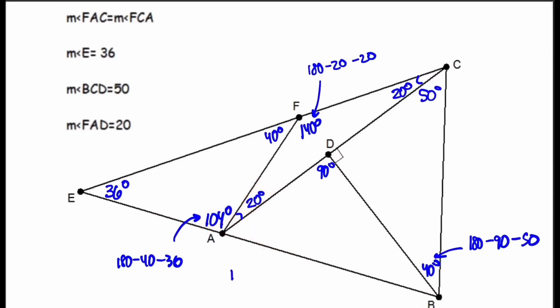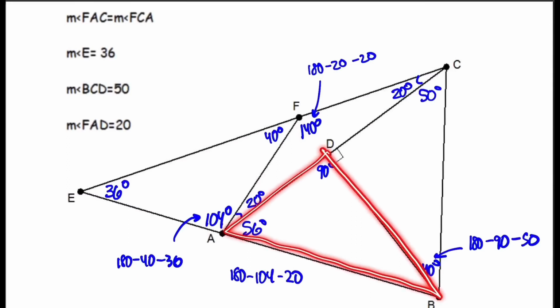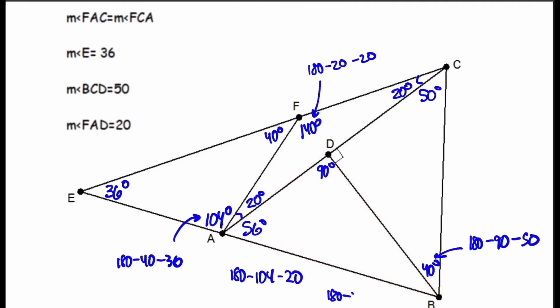Like I said, a lot of times in these problems, there's more than one way to do it. You can do it in a different order. You can do different calculations. But if you came up with 56 for that angle, guess what? You did it correctly. Now I can focus on this last triangle and subtract these two from 180 to get that angle there. So 180 minus 90 minus 56, and that last angle is going to be 34 degrees.